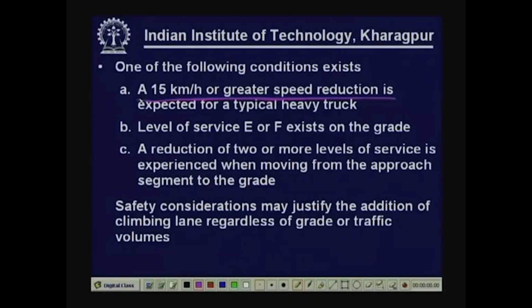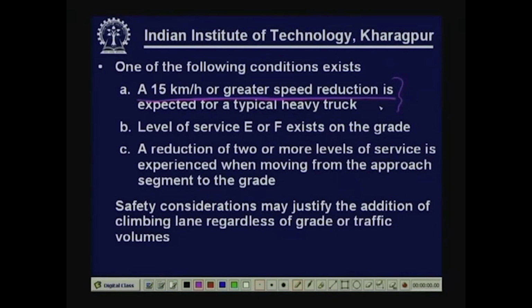That means, if there is more than 15 kilometer per hour reduction in speed from the average traffic stream speed, then we considered that as a basis for critical length of grade. In the same way, we ask: do we expect a 15 kilometer per hour or greater speed reduction for heavy trucks?